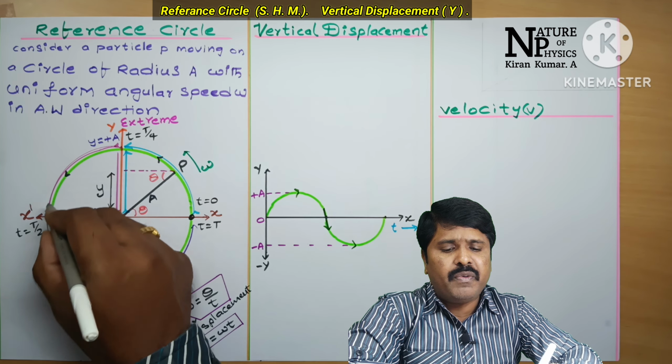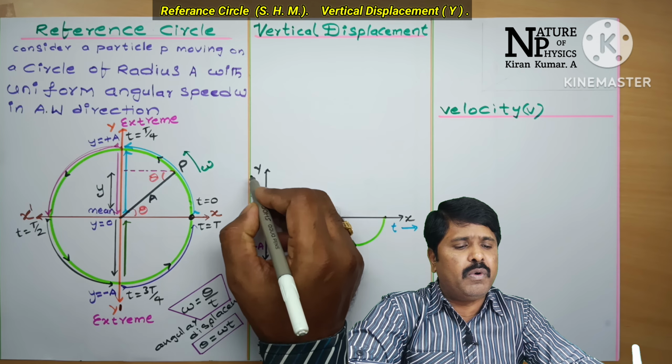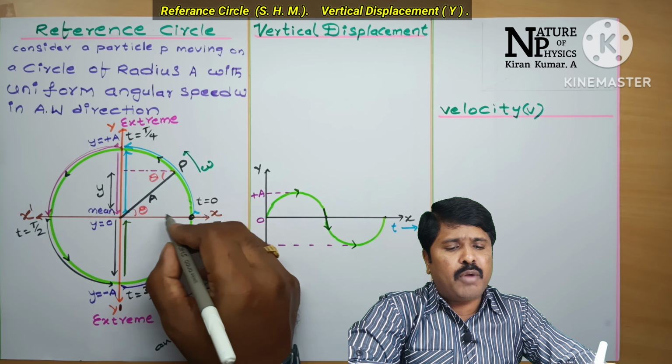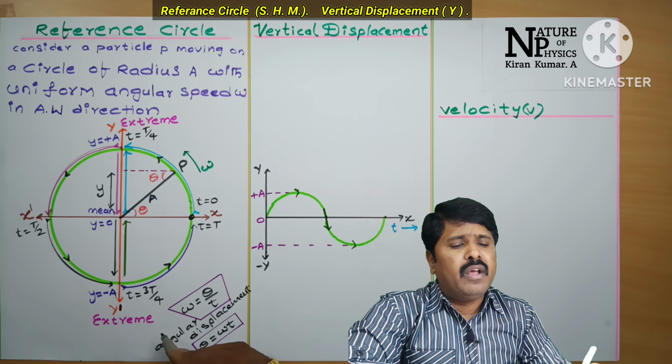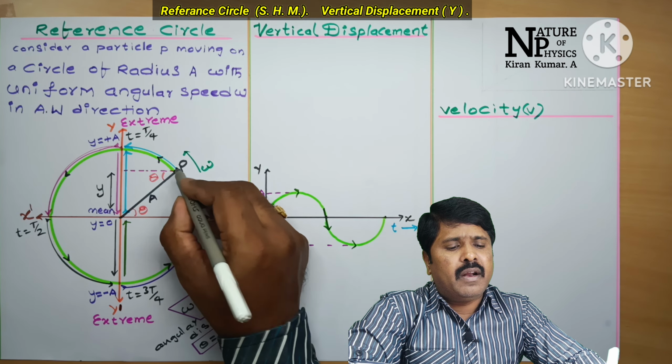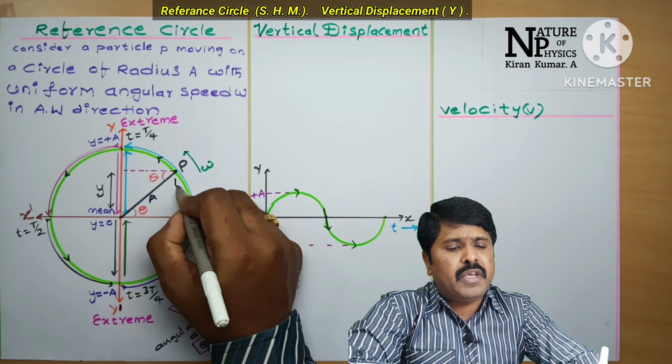When the particle is moving on the circumference of the circle anti-clockwise with angular velocity omega, it is doing simple harmonic motion on the y dash diameter. For example, here the particle has reached a point P after time t.